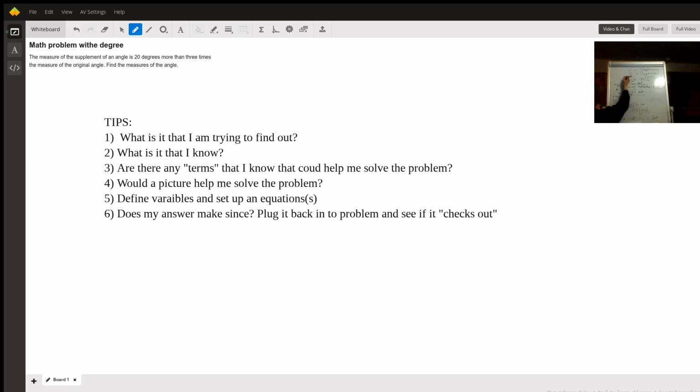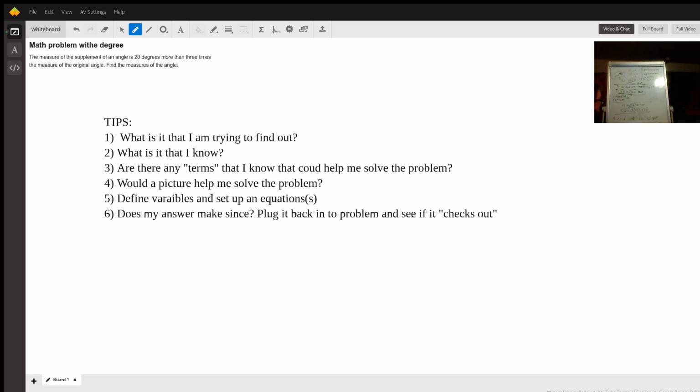So again, now that I know that angle 1 is equal to 40, was it 40 degrees? All right. What do we do? Well, all we need to do here is, don't we just need to take 180 minus angle 1 to get angle 2? Okay, so let's do that.